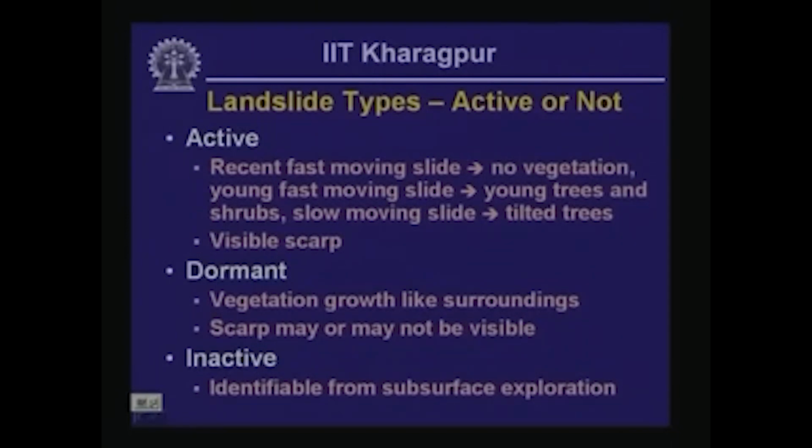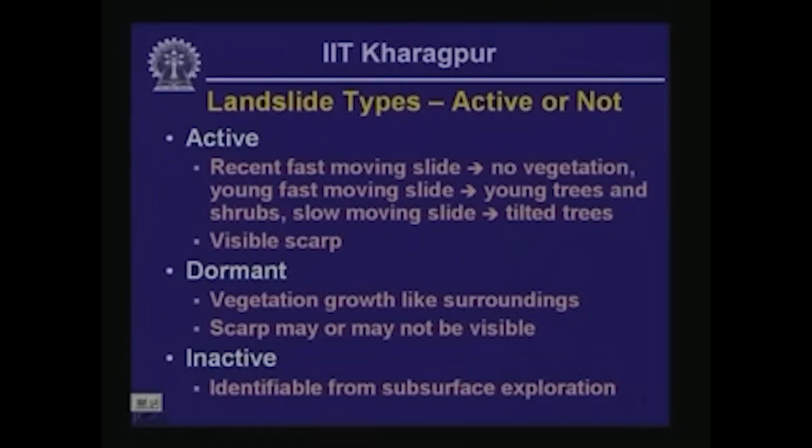And if there is ongoing slow moving sliding, then the trees are going to be tilted because of the movement, and some of the trees might even have a bent trunk because the movement is slow, or it might have been stabilized at some point.